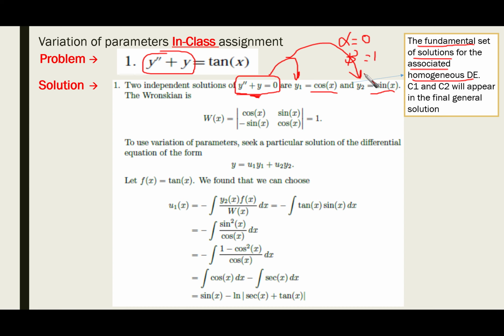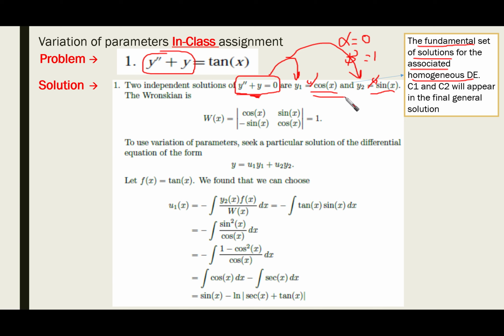You are going to find C1 here and C2 here, but it's not a big deal. We are going to add them at the end. You can assume them as 1 here, and then put them at the end for the general solution.